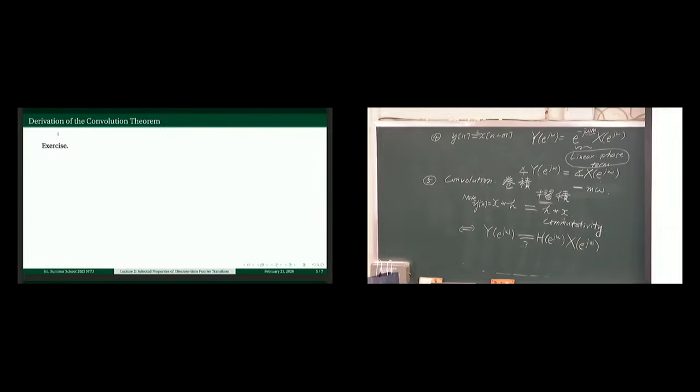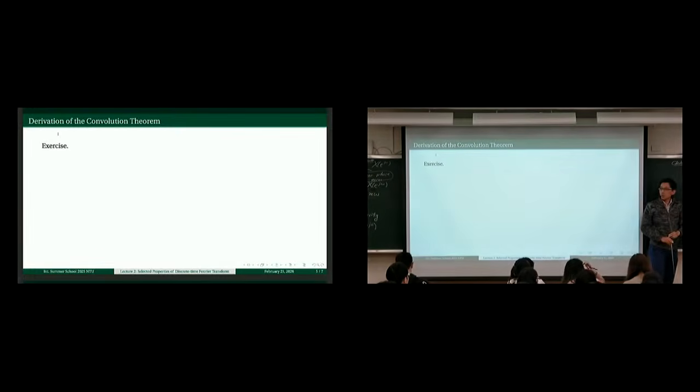Basically we just substitute y of n with this summation because y is x convolved with h. So far so good? So far it's just a simple substitution. And then what's next? What's the hint? When we see two summations, what do we try to do?